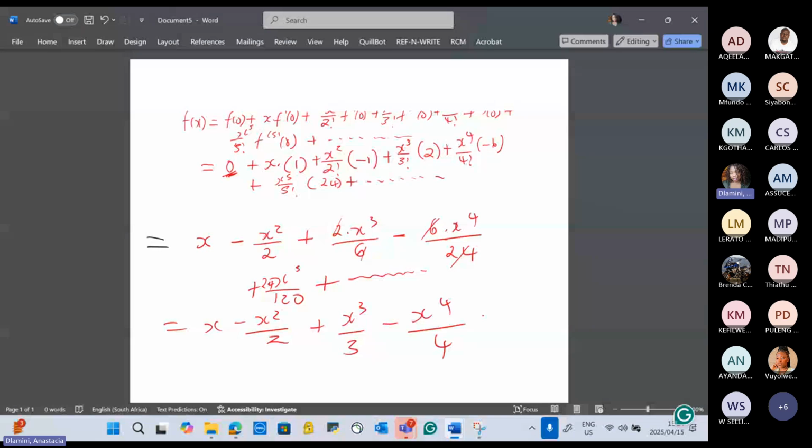So then we say plus x to the power of 5 over 5. Can you see that, guys? Yes, ma'am. Yeah, that's the Maclaurin for you, plus dot dot dot to show it's continuous.